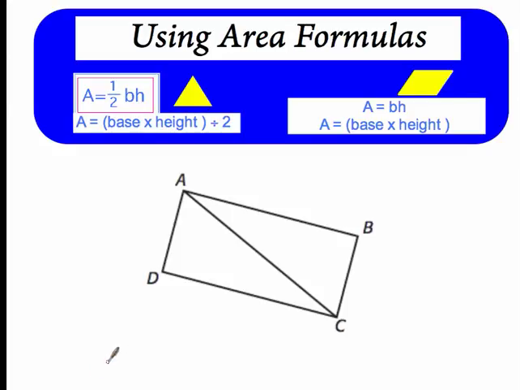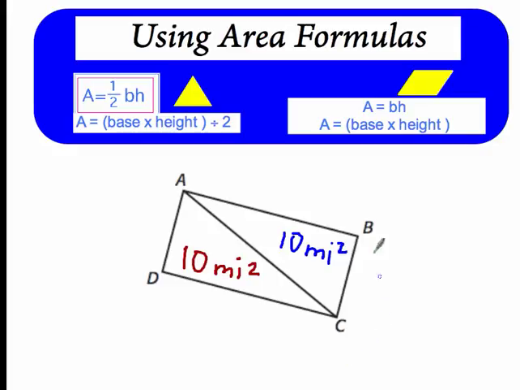Now let's look at this last one. Let's pretend that this triangle here, ADC, is 10 miles squared. So the area of triangle ADC is 10 miles squared. What would, first, the area of ABC be? It would be the same. It would also be 10 miles squared.